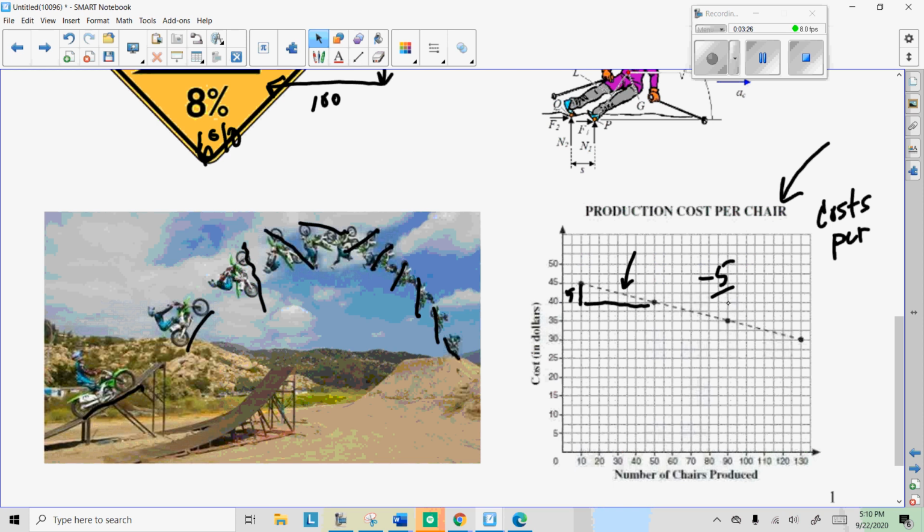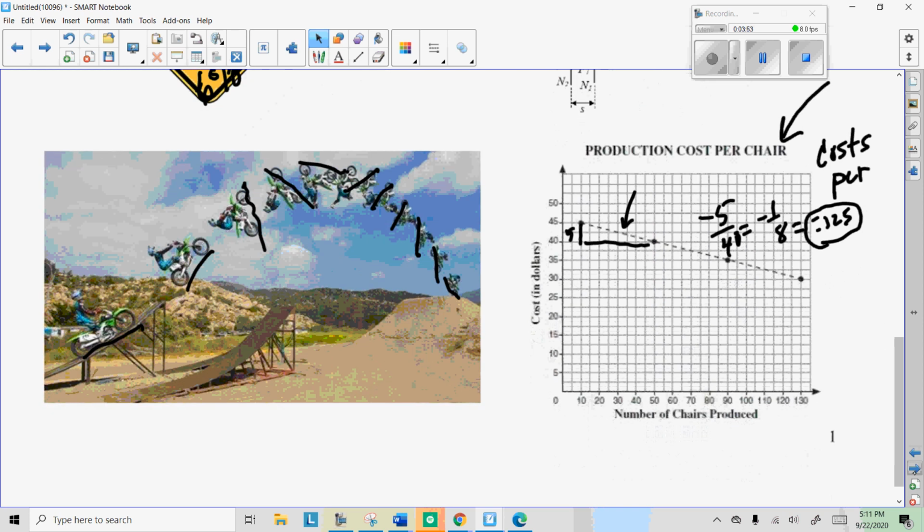I think it's 40. We can simplify that to 1/8. As a decimal, it's negative 0.125. And what that's saying is the cost of production per chair is going down by about 12.5 cents per chair produced. So the costs go down as you produce more chairs, which kind of makes sense.